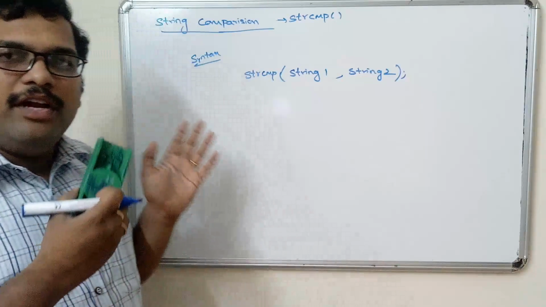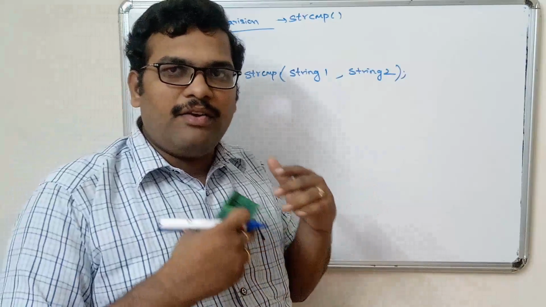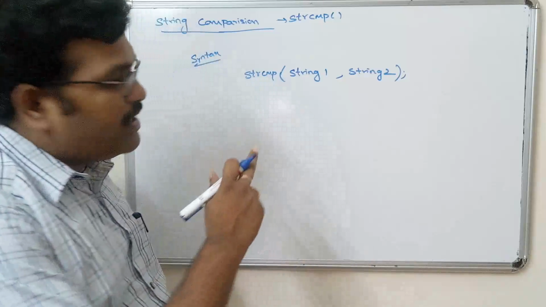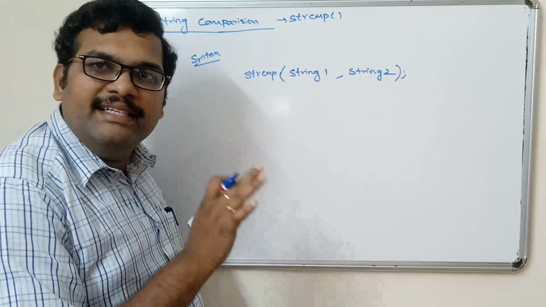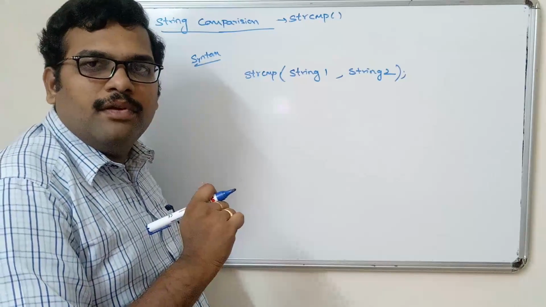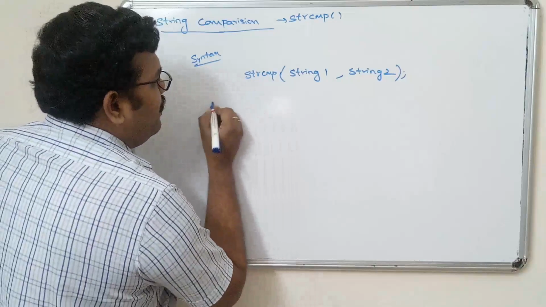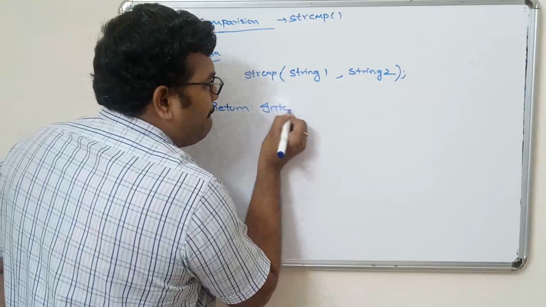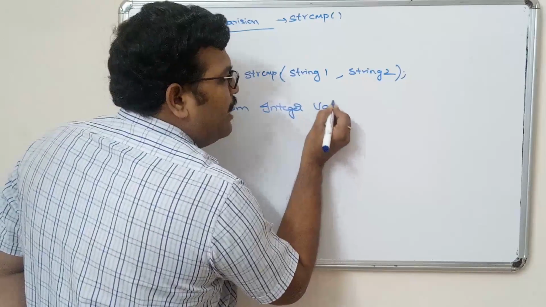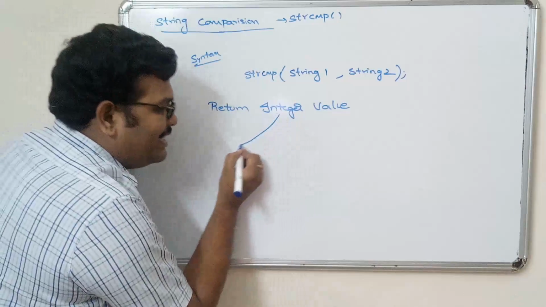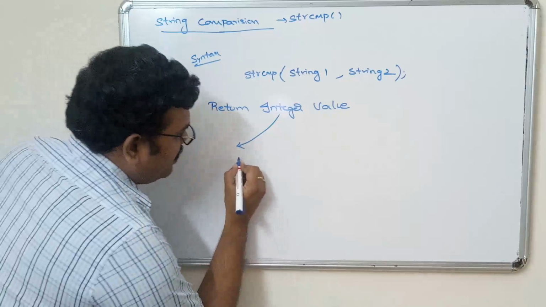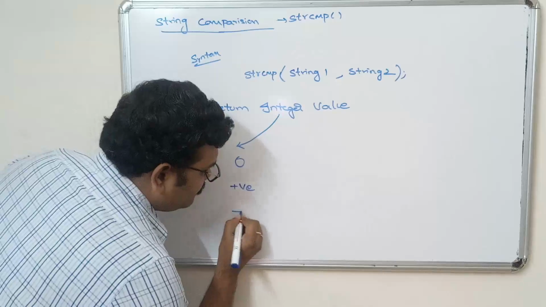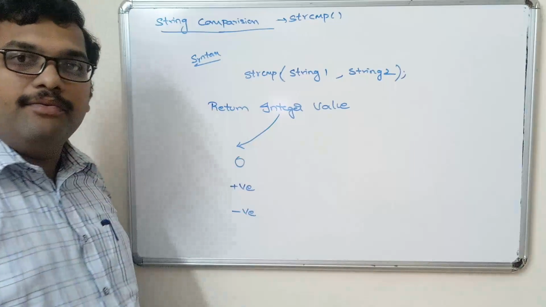So what will this function return? This function will return an integer value. This integer value can be 0, positive, or negative.